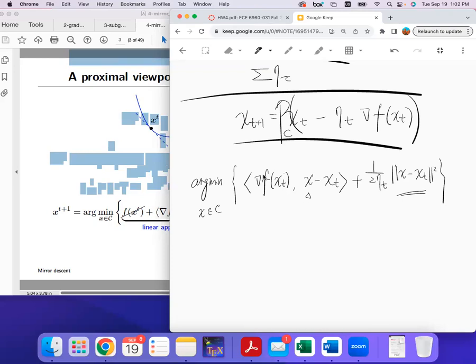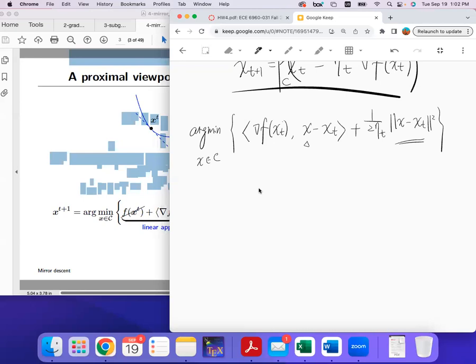This is like a cross term. So we have this square term, and we need another gradient term, right? So I can do the following. This is equivalent to, because I'm looking at the minimizer of this function, I can add any constant for free, right?